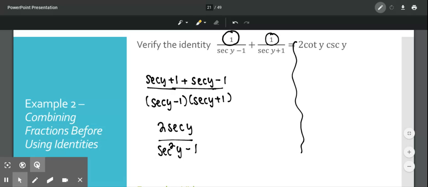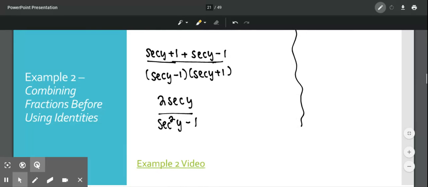Whenever you have a trig function squared plus 1 or minus 1, I would always look at your sheet to see if that's an identity. And we can see then that secant squared y minus 1 is tangent squared.